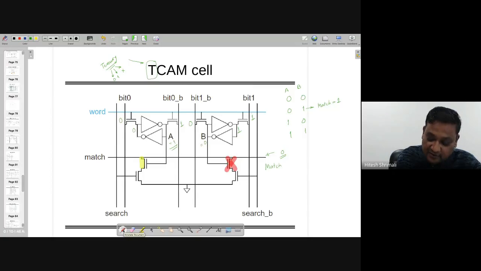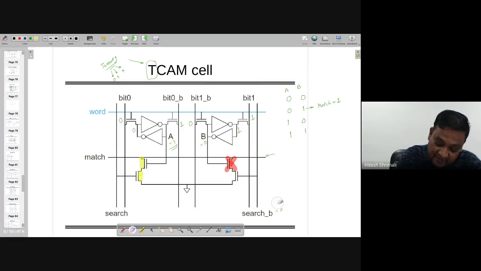And now let's see what value of search is going to match the value. So if search equal to 1 right now and search bar to 0, note that search equal to 1 will make this transistor on and it will create a mismatch, right? It's not creating a match, but it's creating a mismatch.